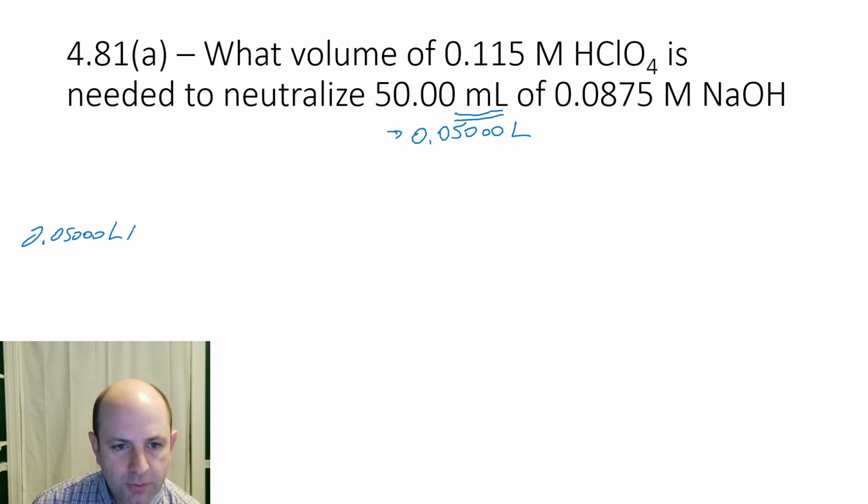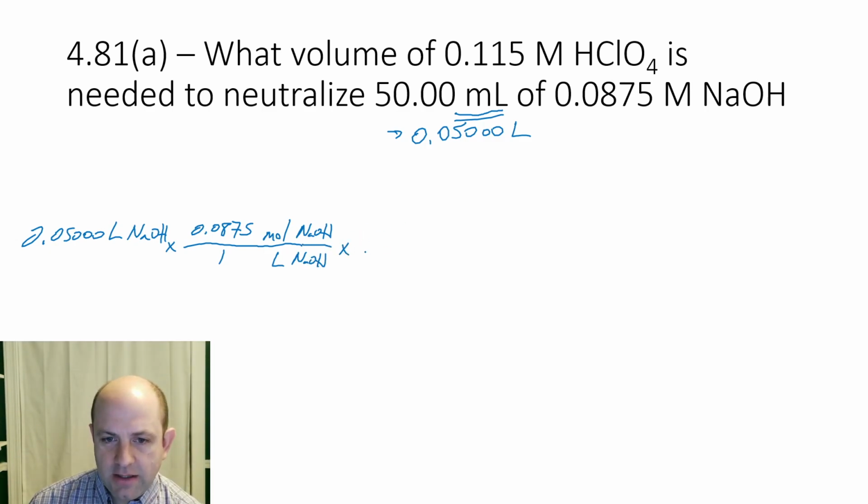In this case, we will put NaOH because we want to make sure that we know which chemical is which. Now we use that conversion. Liters will go on the bottom, moles on top, and the molarity is how many moles per liter. So it's 0.0875 moles of NaOH for every 1 liter of NaOH.